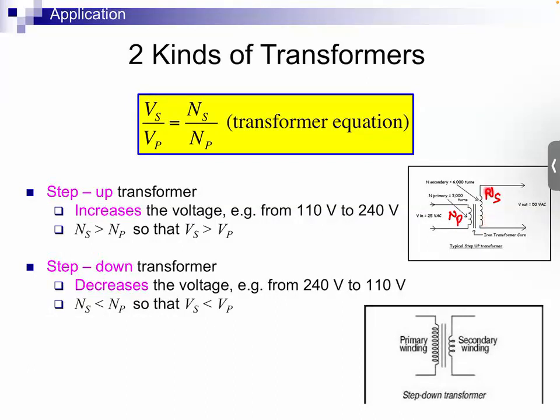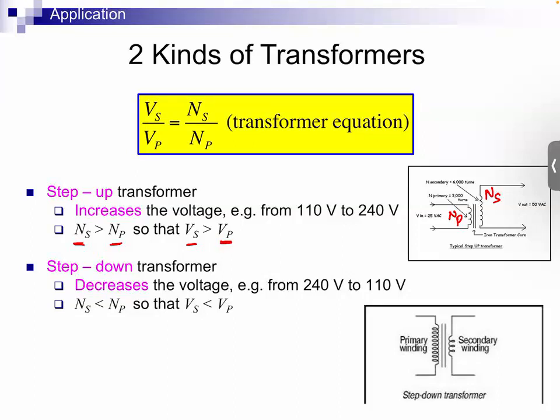If you have more turns in the secondary coil compared to the primary coil, such that NS is greater than NP, then according to this equation VS is greater than VP. What that means is that the voltage created in the secondary coil is greater than the voltage created in the primary coil.